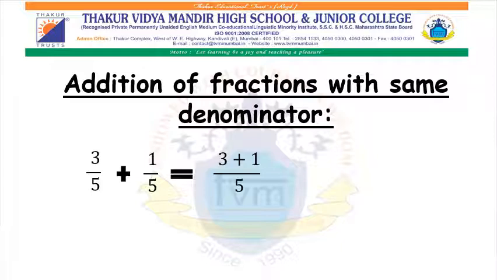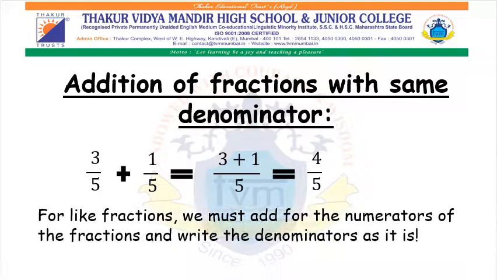So 3 plus 1 is equal to 4 and the denominator you will write as it is, so it is 4 upon 5. So for like fraction we have to add first the numerators of the two fraction and write the denominator as it is.